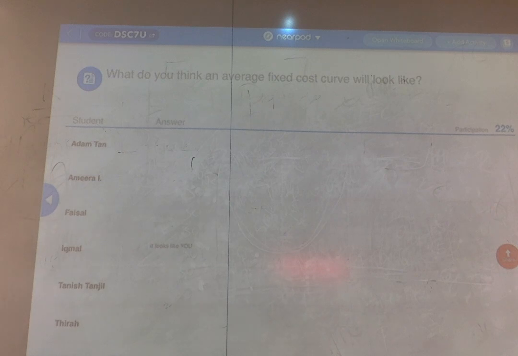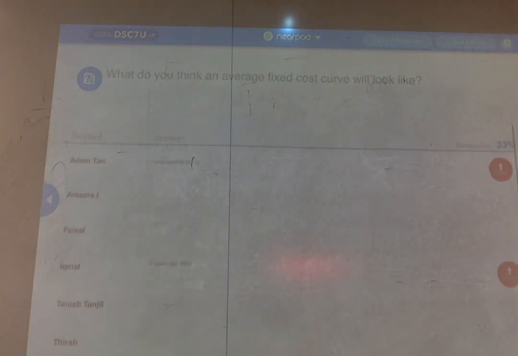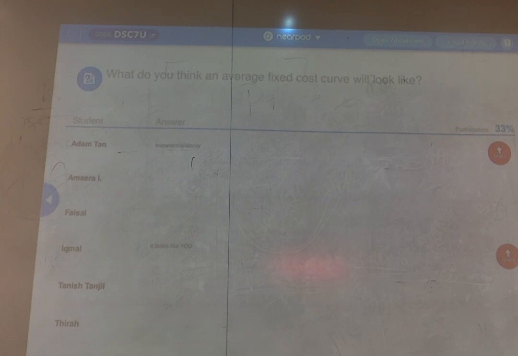Bonus points if you can tell me why. Oh, goodness me. I have no idea what that means. It goes down, but then it moves like that.